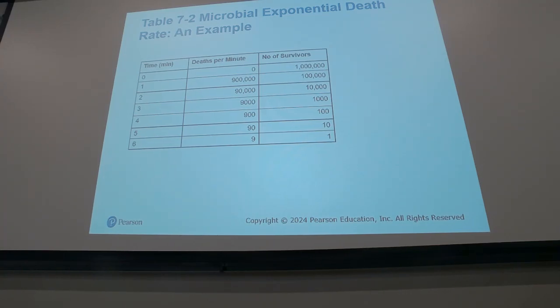Something that is important, if you remember from the previous chapter, that graph and that table where it shows that out of 1 microbe, in the 5th generation, you end up with many.